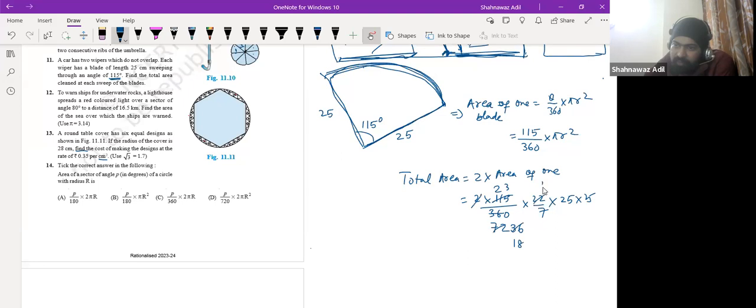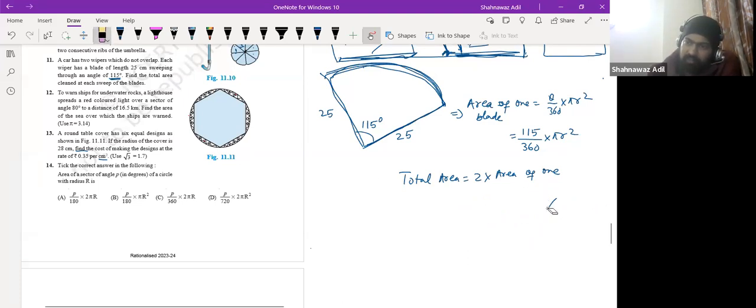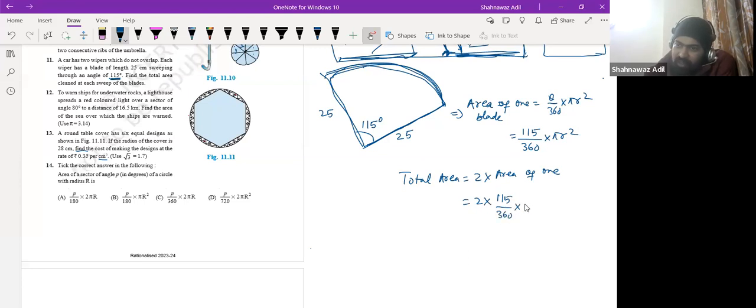If we use 3.14 as the pi, can you solve it using that? Okay, yeah. So let us use that. So this is 2 and then 115 by 360, 3.14 and 25 and 25. So how much is this thing, right?